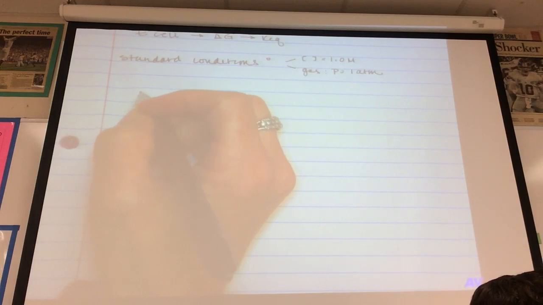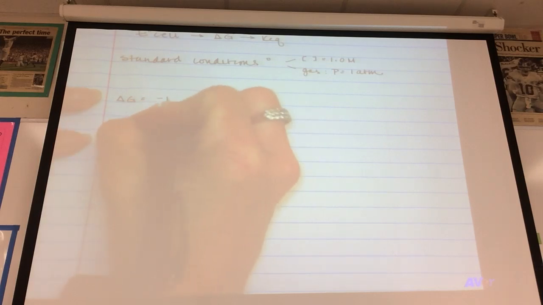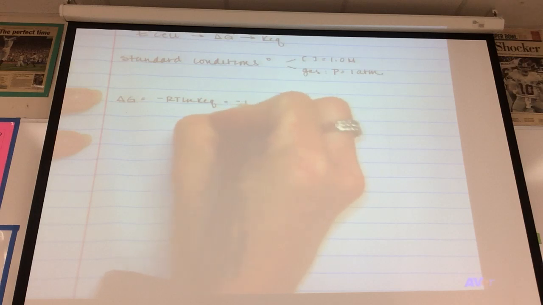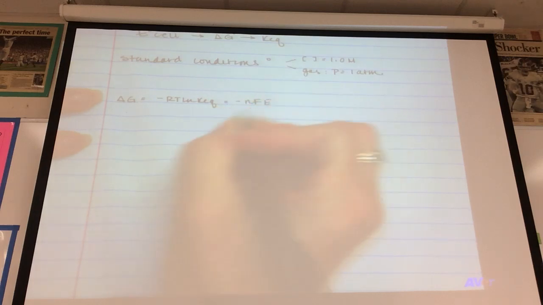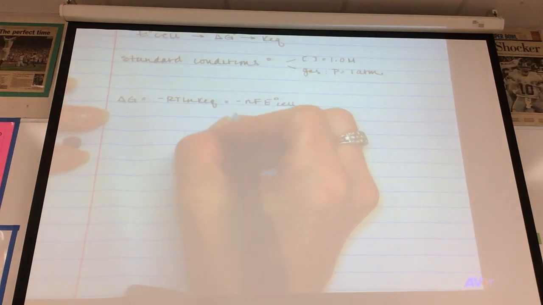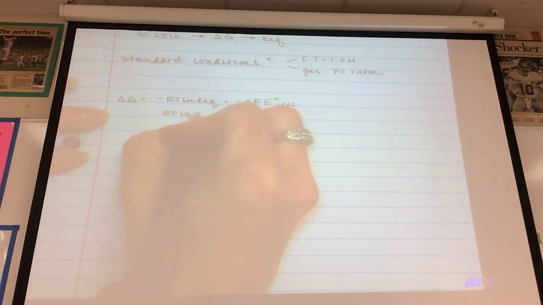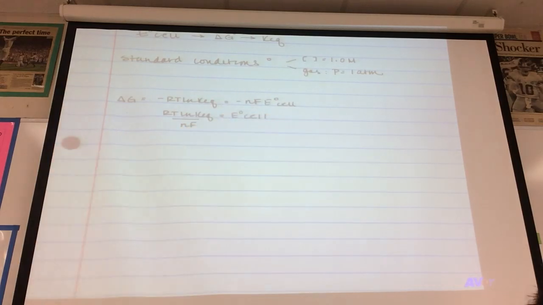We know that delta G is equal to negative RT ln of KEQ, which is equal to negative NF Ecell under standard conditions. So we have Ecell is equal to RT ln of KEQ over NF, correct?